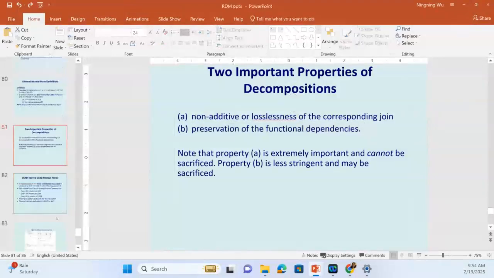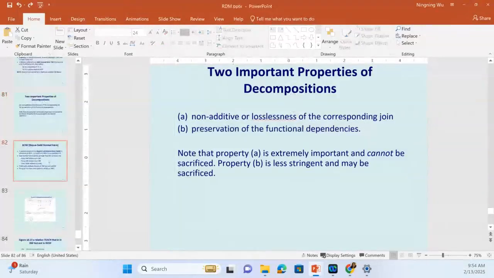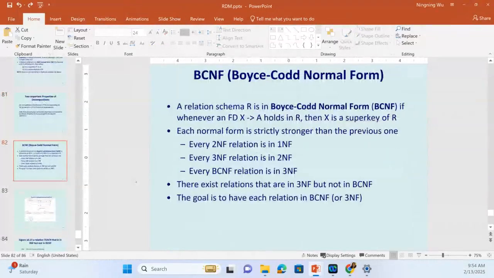Regarding the relationship among these normal forms, it's good to review. Every 2NF relation is in 1NF because that's a requirement. A relation is in 2NF if it is in 1NF first, and then has no partial functional dependency.